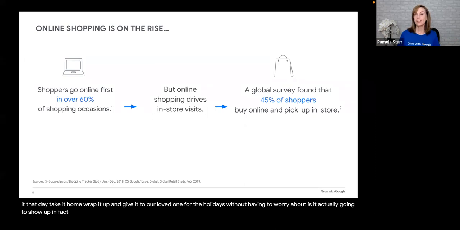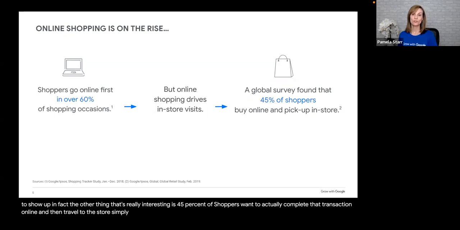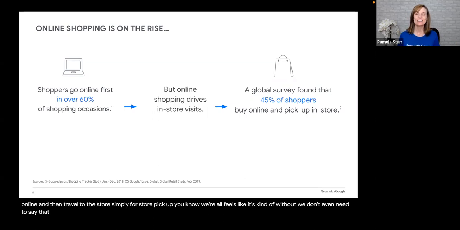In fact, the other thing that's really interesting is 45% of shoppers want to actually complete that transaction online and then travel to the store simply for store pickup. You know, it feels like we don't even need to say that we're in this crazy COVID world where we hope that we're getting out of it, but we may not be.